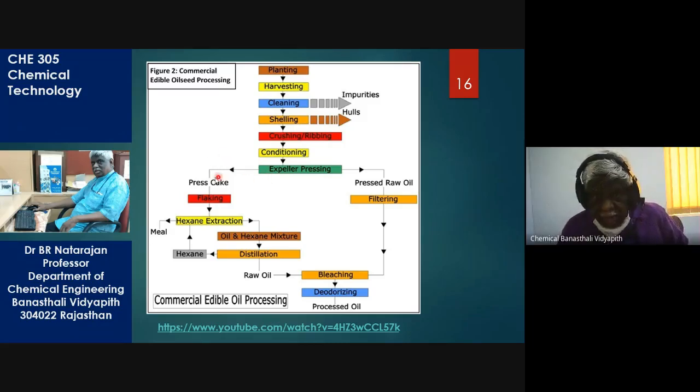You get a press cake, it goes for flaking, and then hexane extraction, so you can recover the hexane, and here you get the pressed raw oil, which gets filtered. Then it goes for bleaching, because the bleaching here is the same in meaning as pulp bleaching, but the chemicals used are different, right?